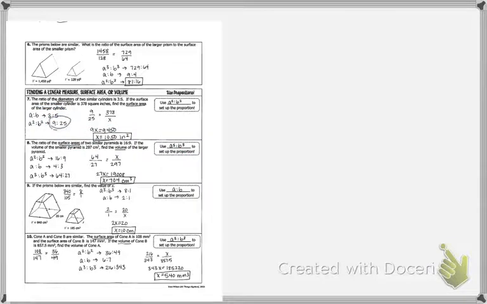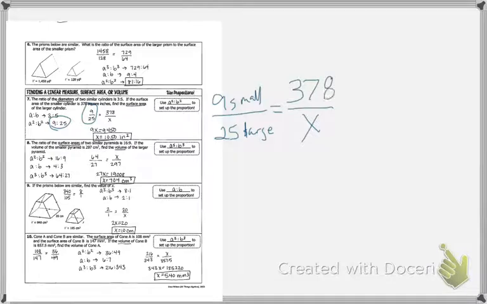Having the area ratio, I can set it up as a fraction, right? So we have the smaller over the larger area. And it says find, so we're solving for the larger. Since the larger is on the bottom, and we know that the smaller one has 378.